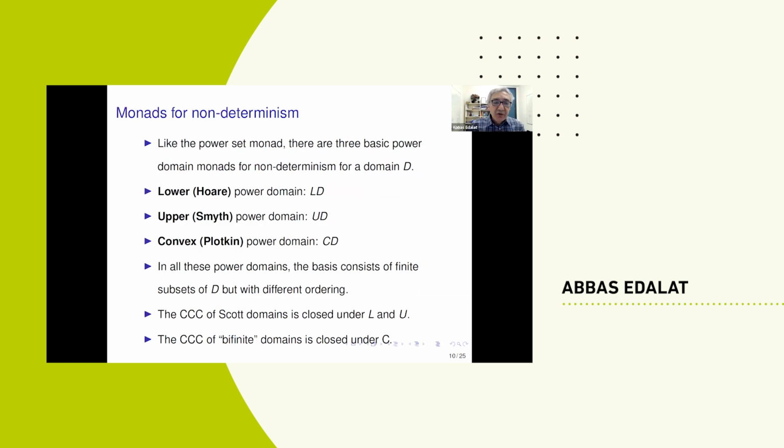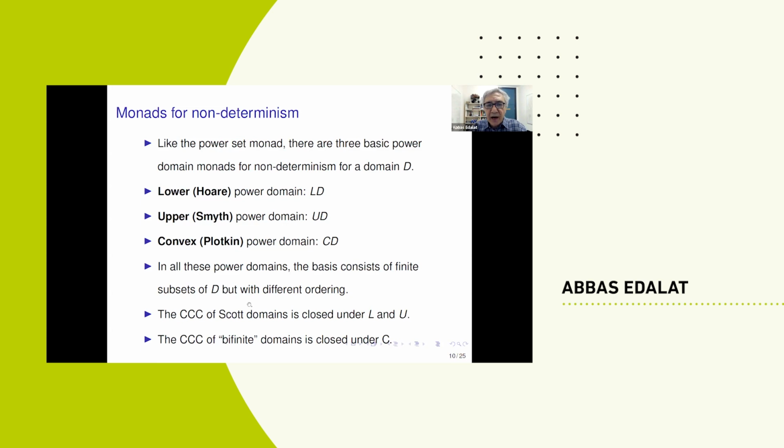All right, so now let's go to the next section, which is monads. So I'm having this slide to stress the point that for non-determinism, in the 70s and 80s already this problem was solved in terms of denotational semantics based on the Scott model.